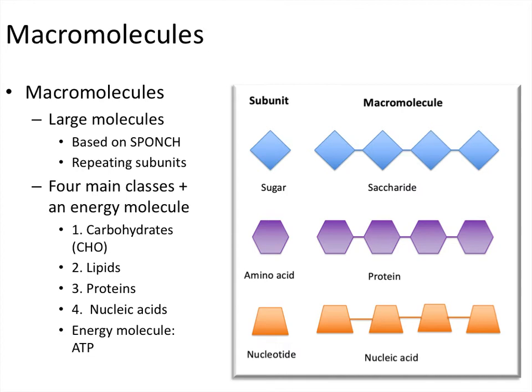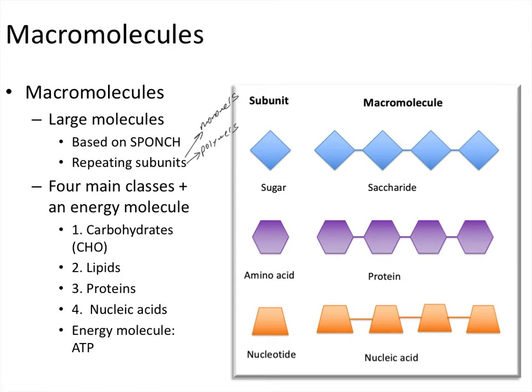So these macromolecules are indeed large. They are based on the SPONCH elements, and typically they have repeating subunits that are joined together. The individual subunits are called monomers, and when we string them together, they create polymers.